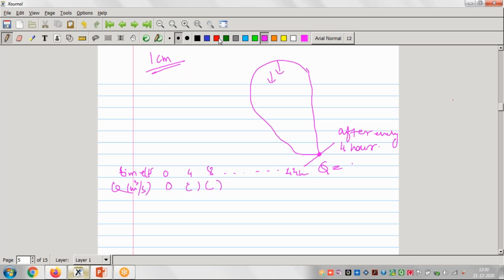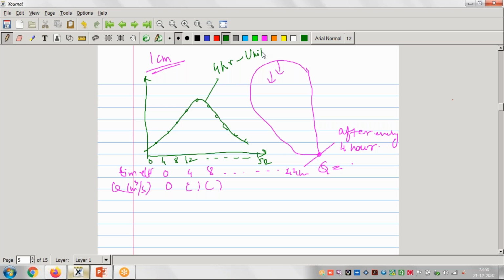Once we got these values, on the x-axis we take time, say 0, 4, 8, 12, up to say 52 or 44 hours, and on the y-axis we take Q. We draw these points, and we draw the graph. This graph is our unit hydrograph. Why are we saying unit hydrograph? Because this hydrograph is only because of 1 centimeter rainfall.